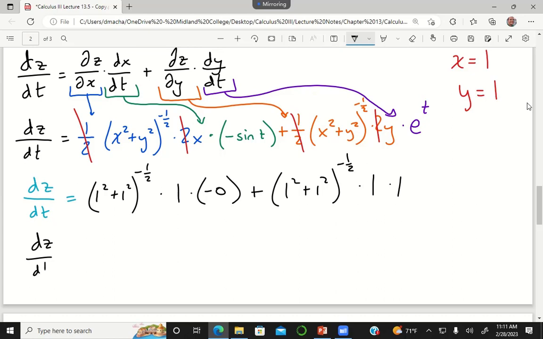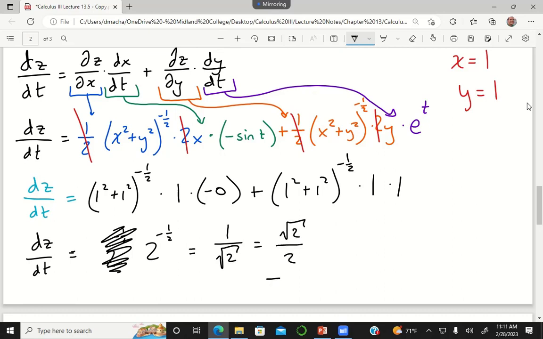So dz dt is going to be equal to 2 to the power negative half times 0, so that actually goes away, plus 2 to the negative half. So this is 1 over square root 2, which is also known as root 2 over 2.